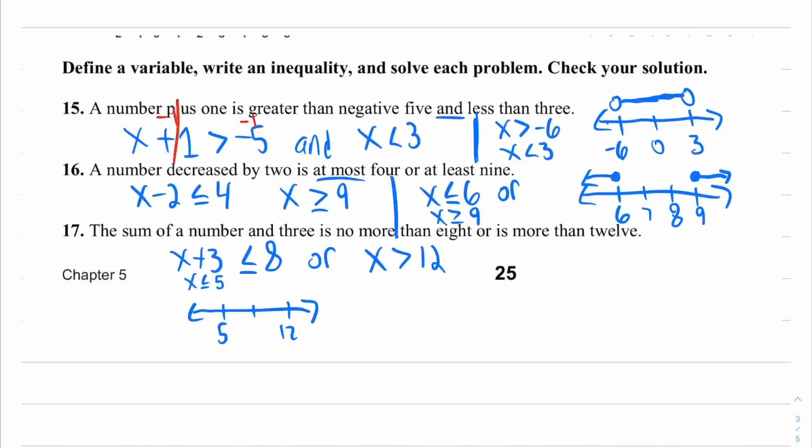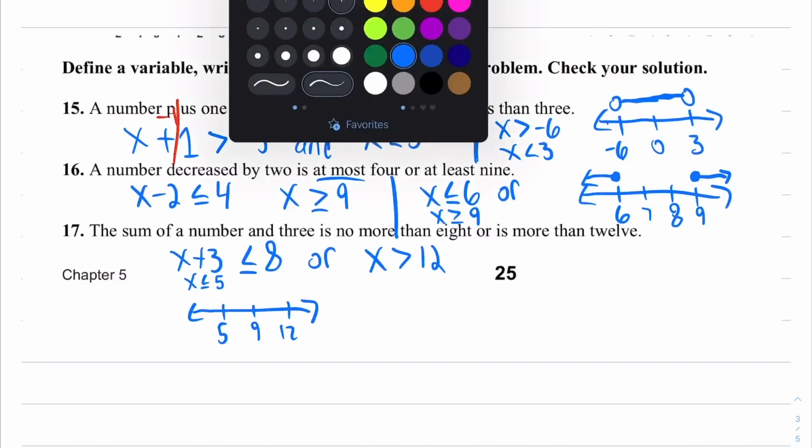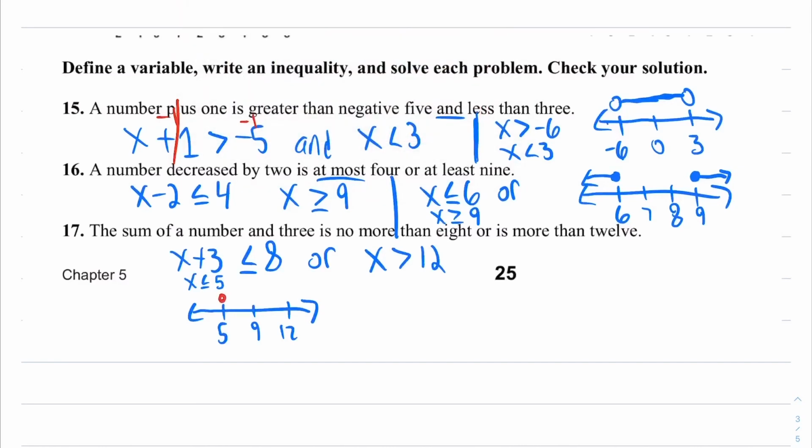Let's just put something in between those two, like 9. Our answers are going to be less than or equal to 5, or greater than, can't be equal to it, greater than 12. That would be a union.